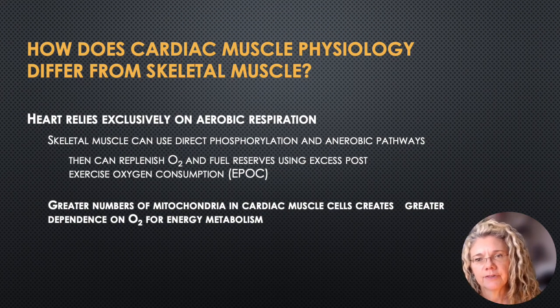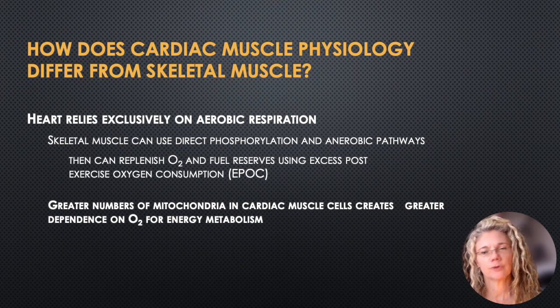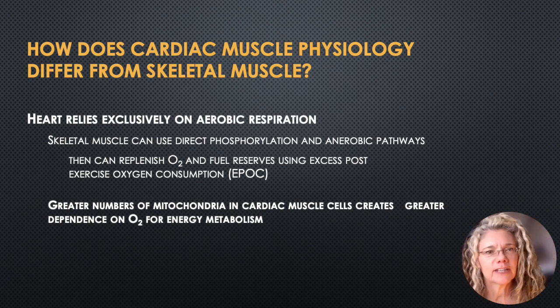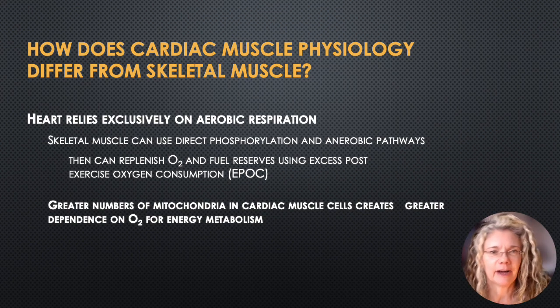This is one of the reasons why cardiac tissue is one of the two types of tissue that really plays into the rule of fours. Four minutes without oxygen and cardiac tissue begins to die. Skeletal muscle is different. It can use direct phosphorylation or anaerobic pathways, and then it can replenish itself with EPOC, but cardiac tissue, not the same.